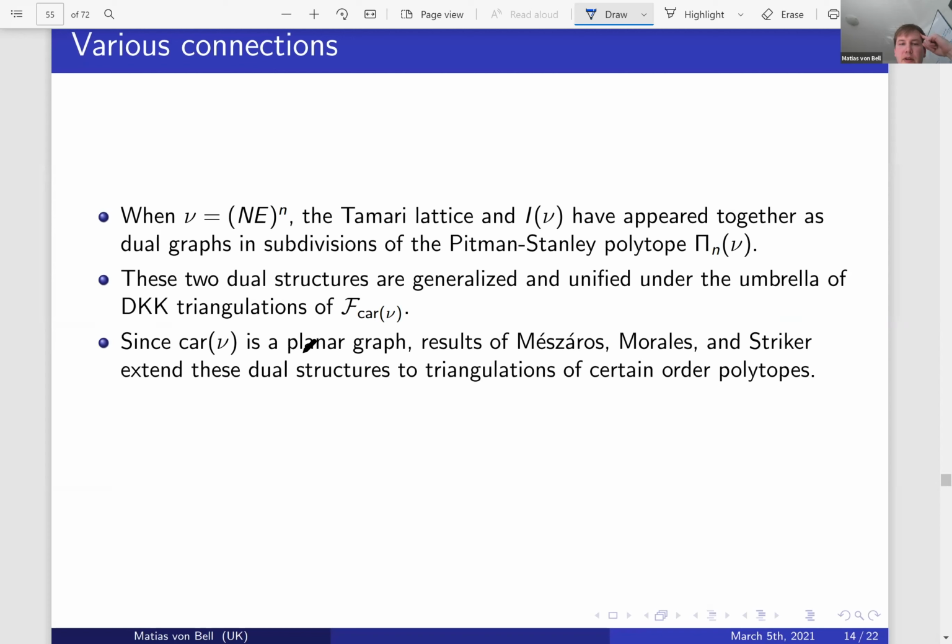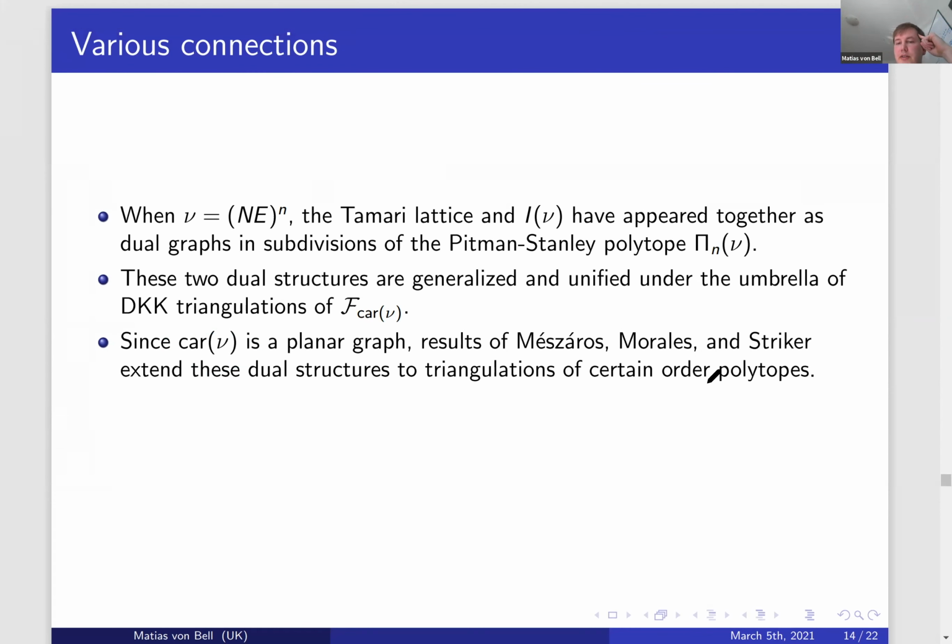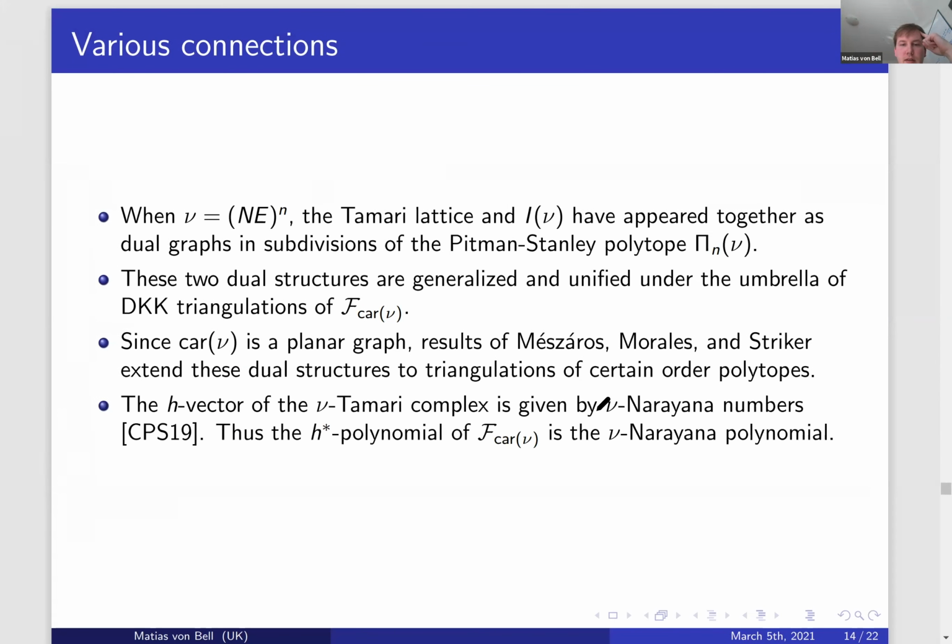So now we can obtain both of them under one type of triangulation technique. Then another thing to point out is that since the nu-caracol graph is a planar graph, Mészáros, Morales, and Striker's results extend these dual structures into certain triangulations of certain order polytopes as well. And then finally, I also wanted to point out that the h-vector of the nu-Tamari complex is given by nu-Narayana numbers.